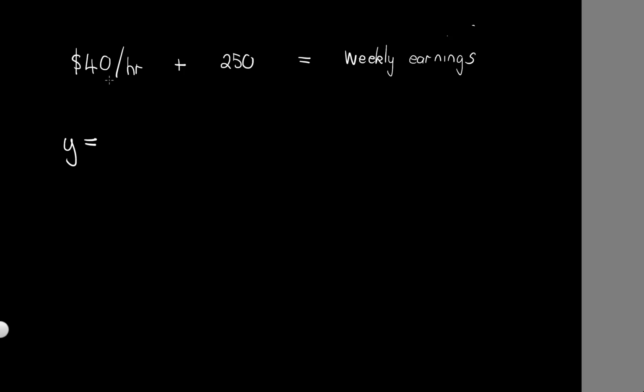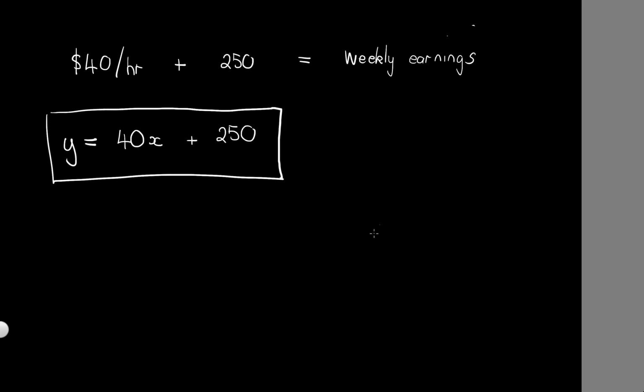So I'm multiplying the 40 by the number of hours I work. So it's going to be 40 times the number of hours. The letter I'm going to use for the number of hours is X. And then the amount on the end, the amount we get paid regardless of how many hours we work, is that. So there is an equation for this particular pay arrangement.